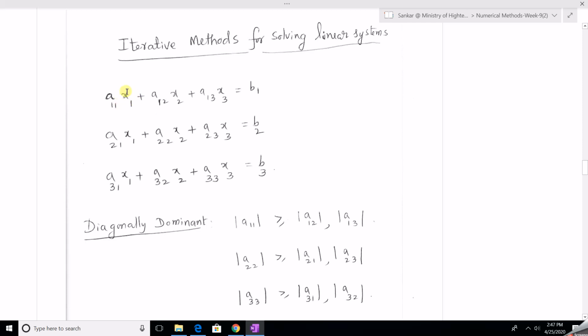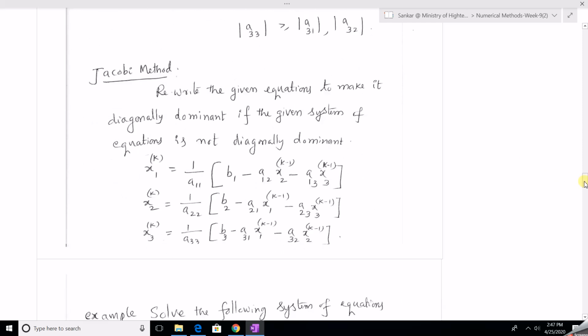Therefore, x1 will be equal to b1 minus a12 x2 minus a13 x3, divided by a11. So from the first equation, we solve for x1. That is this.